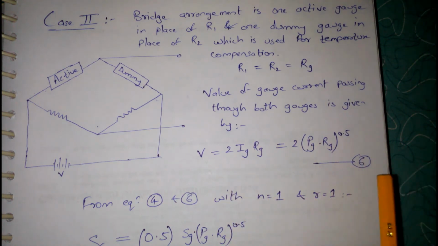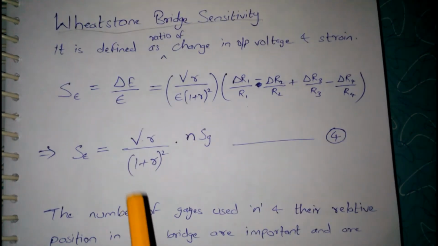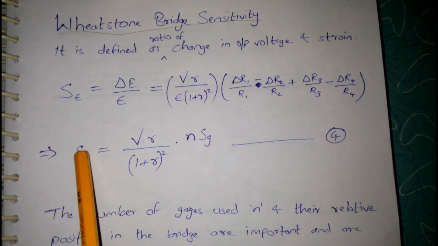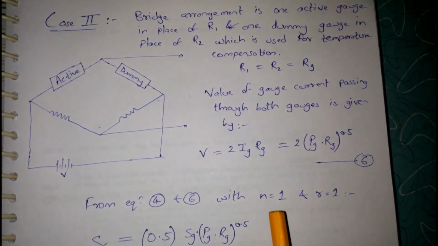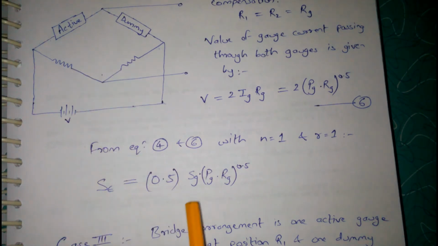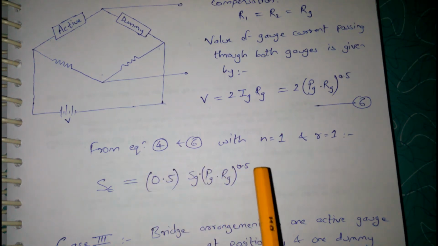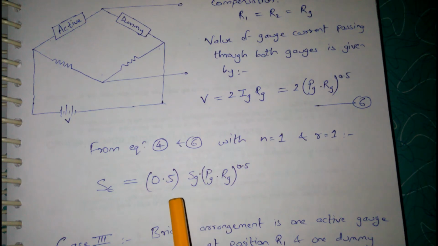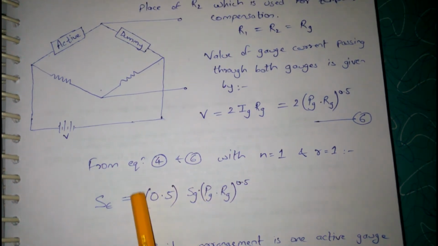Using this equation and the sensitivity equation, we can determine the final equation for case 2 as SE equal to 0.5 multiplied by this factor. Compared to the previous case, where circuit effectiveness had a range from 0.5 to 1, in this case this parameter is a constant.